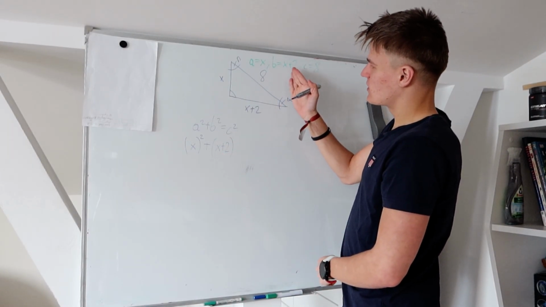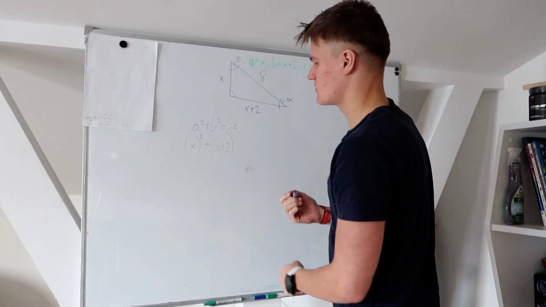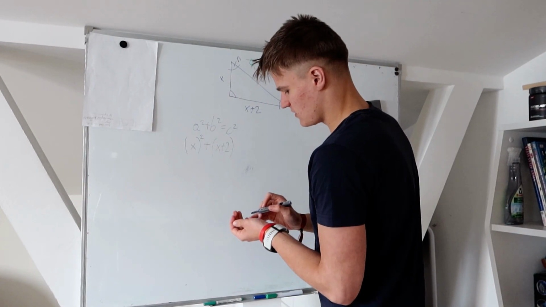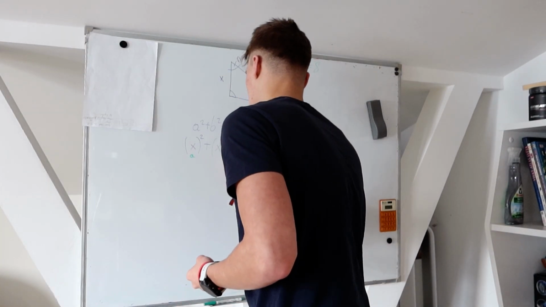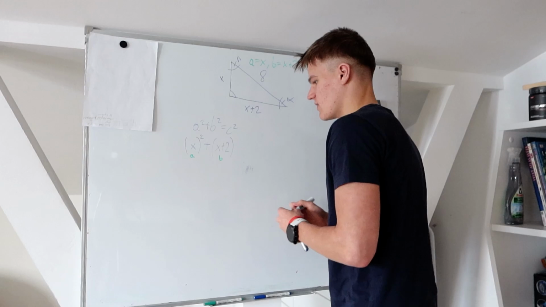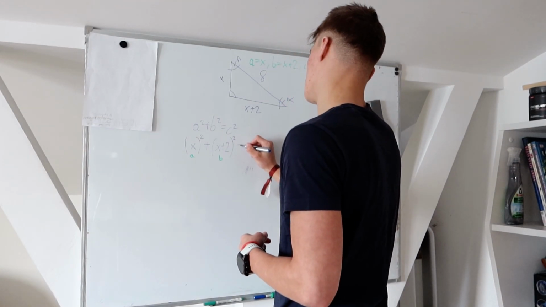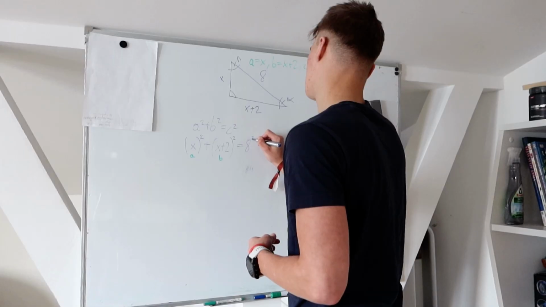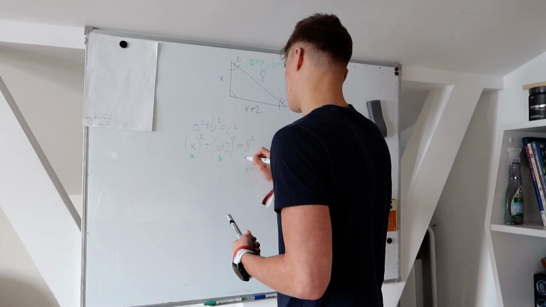Squaring the right side means squaring the left side means squaring the right side, right? So let's do this. So we have A here, we have B right there, and of course don't forget the square right here, which is just equals to 8 squared, right? We know what 8 squared is, it's 64. We can do that in the head, no problem.